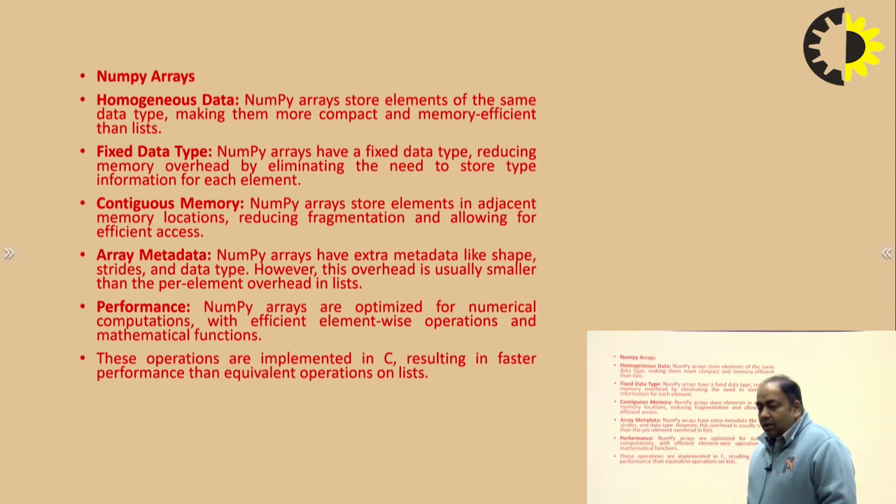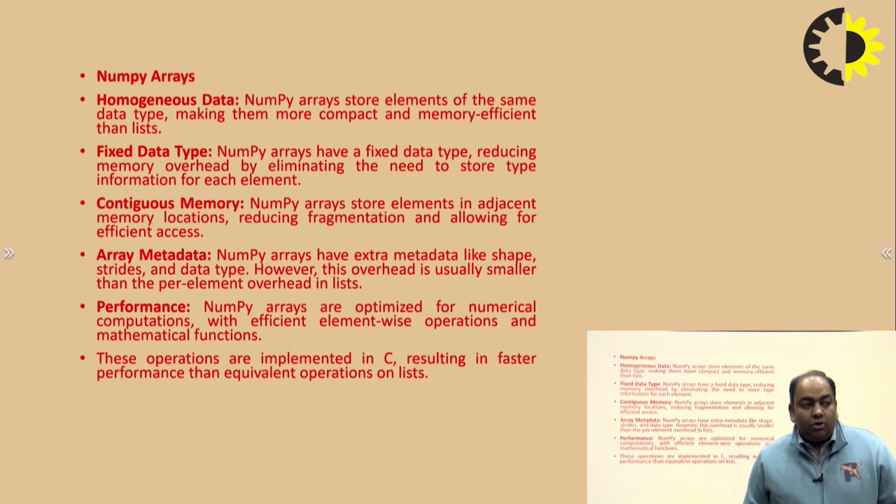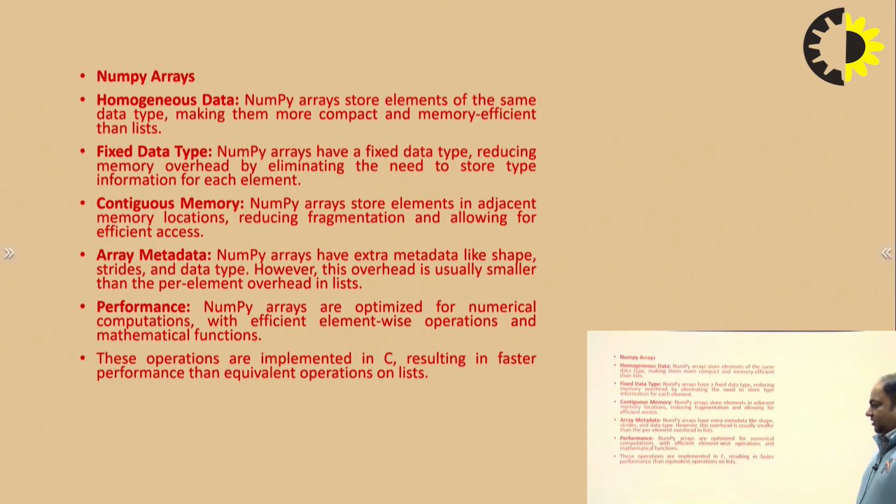Through a NumPy array, we can also specify the size of an array, which is known as array metadata, and it is a fast performance array, optimized for large numerical computations.